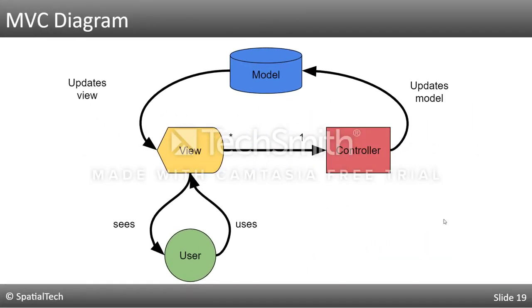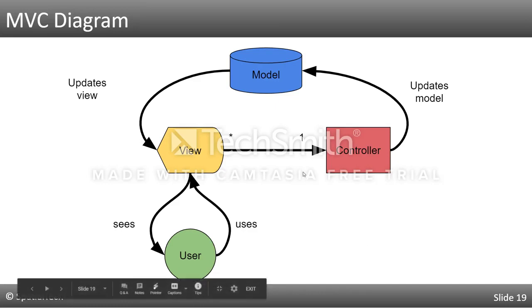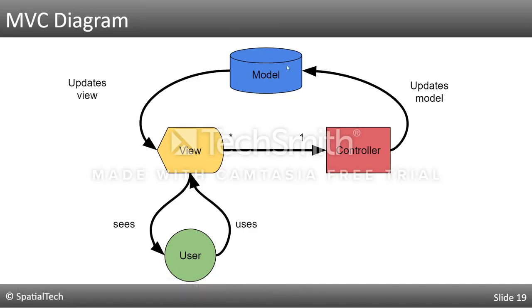So what I have is a diagram of MVC. And so how's it work? Typically you have some data in a model, okay? And then how some systems like to do it, they like to bind the view to the model, okay? So whatever's in the model shows up automatically in the view, right?